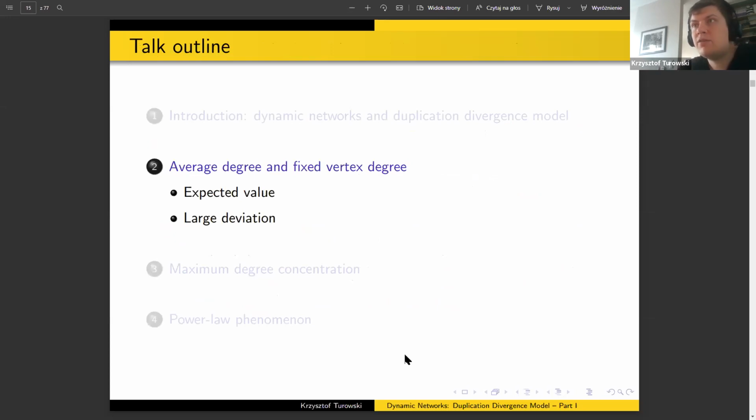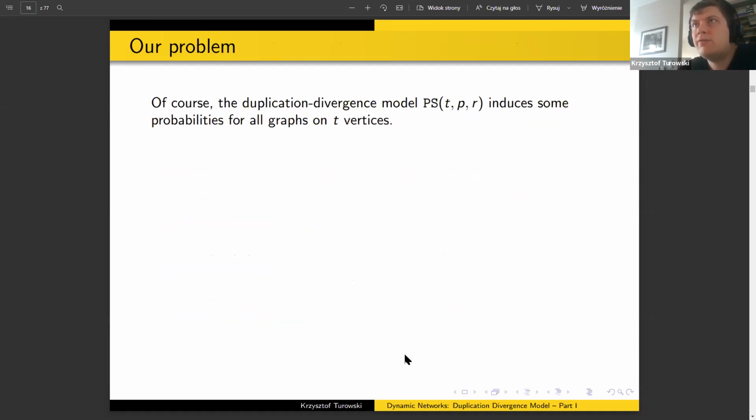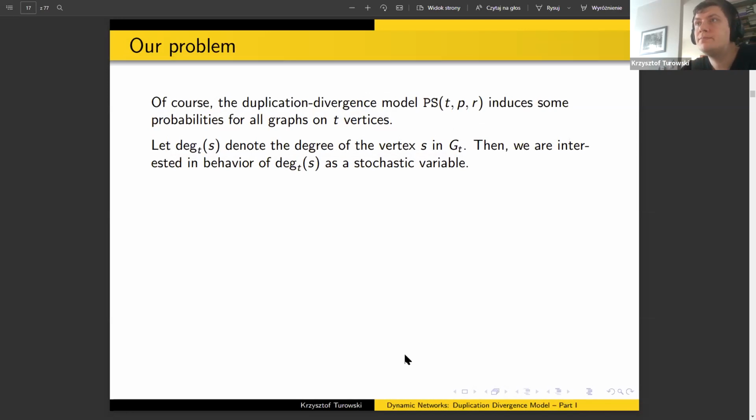Okay, but what about the particular properties? So let's start with a very simple property, that is the average degree and degree of a fixed vertex. One thing which is probably clear to you by now is that if we have a random graph model, then we can see it as inducing some probability distribution over all graphs on a fixed number of vertices.